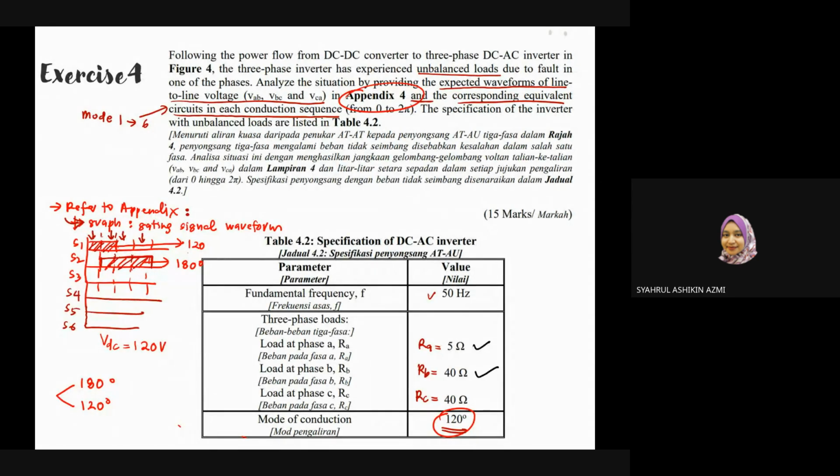If in each mode there are two switches, obviously it's 120. If you look vertically and see, let's say, this waveform over here, right? It indicates 1, 2, 3, three switches. So that is 180 conduction. Right. Okay.